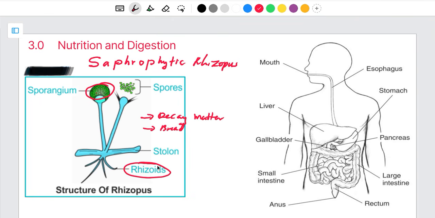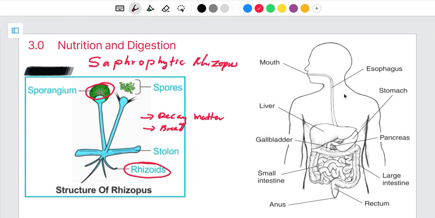You have to know the functions. So the functions of the rhizoid secrete enzymes. Apart from enzymes, it also anchors the Rhizopus to the substrate. So you have to know that one.